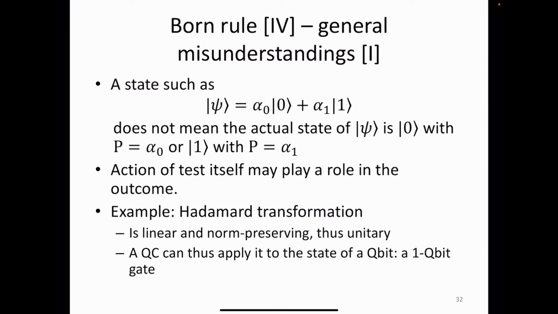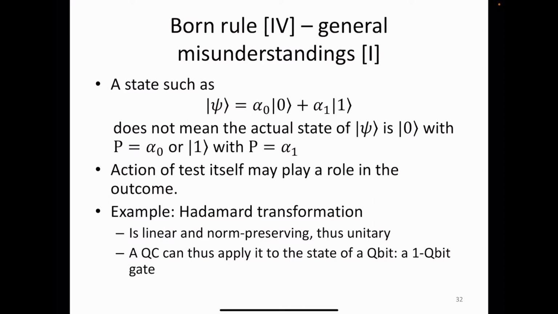So a state such as psi given by a superposition of 0 and 1 here with two probability amplitudes does not mean that the actual state of psi is 0 with probability alpha sub 0 or 1 with probability alpha sub 1. The action of the test itself may play a role in the outcome.